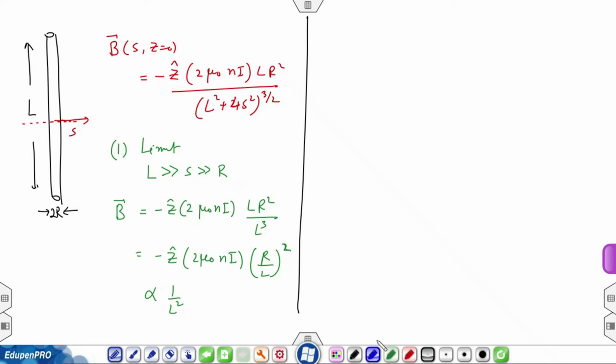Limit 2, limit S tending to infinity, S much greater than L and tending to infinity.